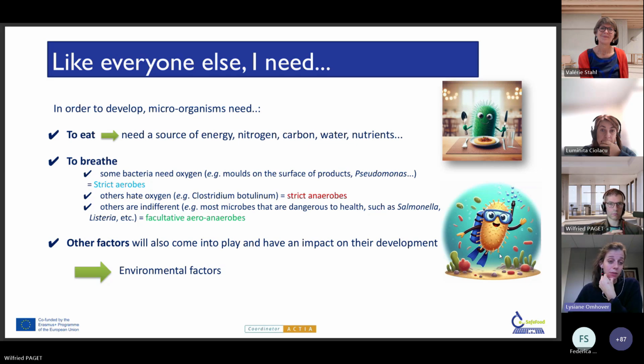Microorganisms have a specific metabolic way to breathe. Some bacteria need oxygen to grow, for example, molds on the surface of the products or Pseudomonas. These microorganisms are named strict aerobes. Some other microorganisms hate oxygen, such as Clostridium botulinum, and they are named strict anaerobes.